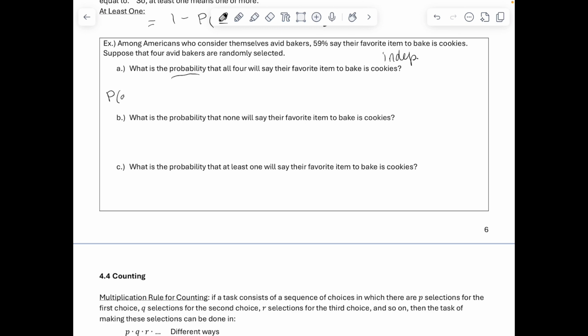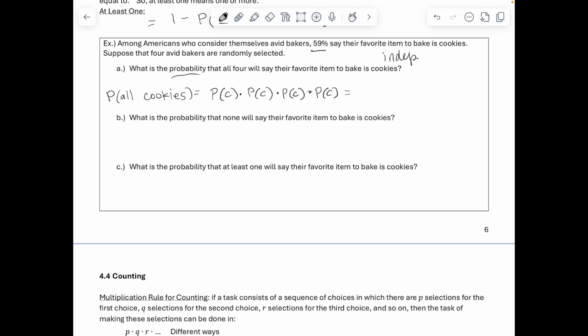So the probability all say cookies is going to be the probability the first likes cookies times the probability the second likes cookies, the third favorite thing is cookies, and the fourth favorite thing is cookies. And so from this, we know the probability that their favorite thing to bake is cookies.